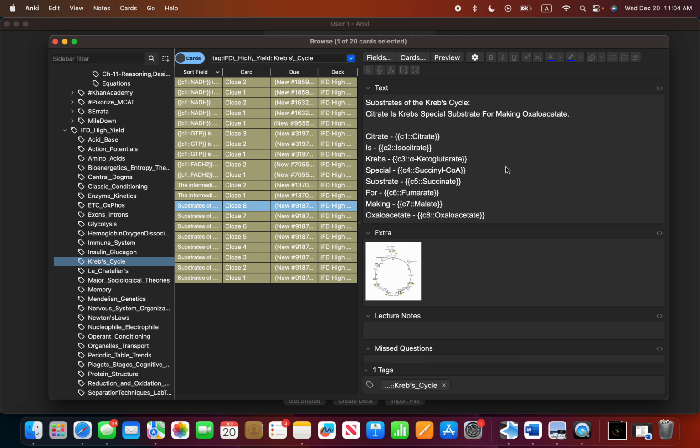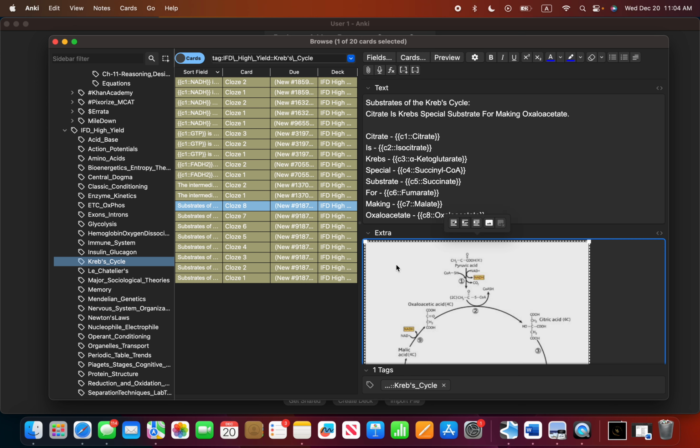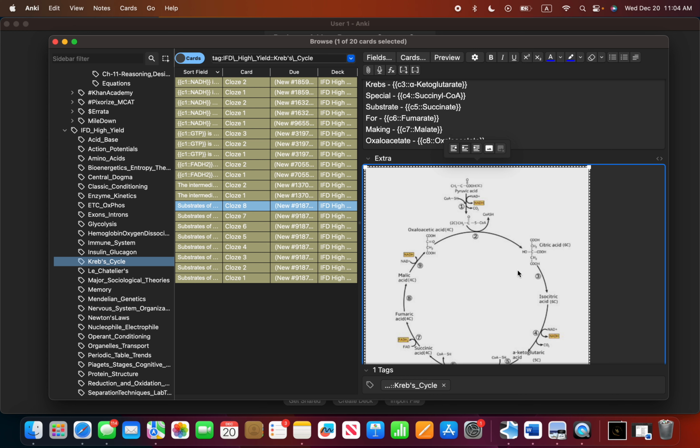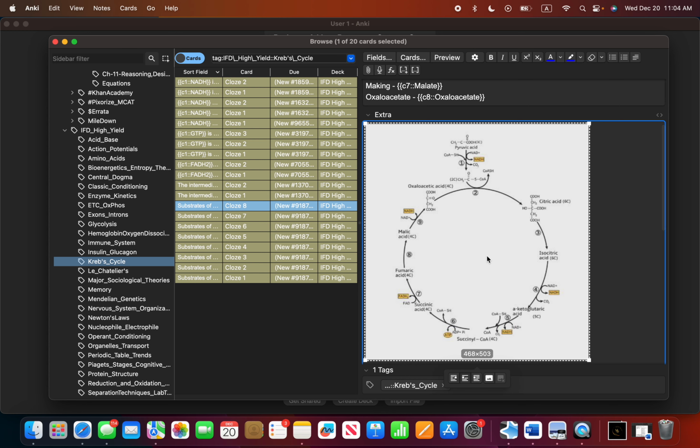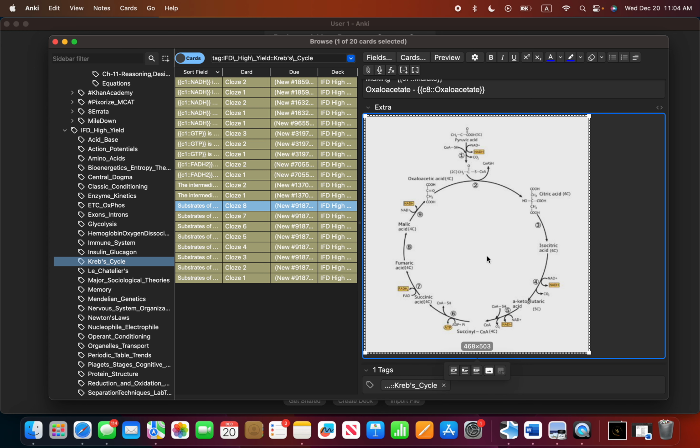So, the substrates of the Krebs cycle, I'm assuming it's these 8. Oh, yeah, it's these 8 molecules. I think they're all acids, right? Citric acid cycle. Oh, cool. They're all acids.